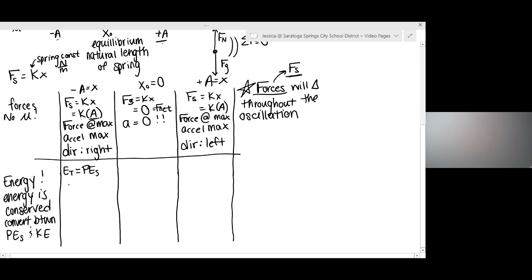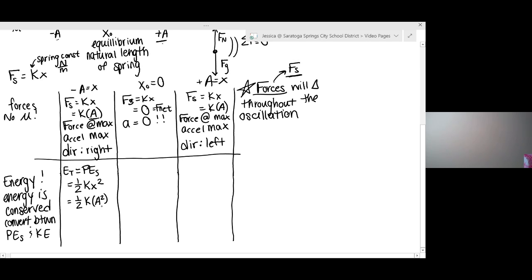Remember, spring potential energy can be calculated by 1/2 kx squared. So if we are at our amplitude, which I have assigned the variable A, we would have an energy of 1/2 kA squared.